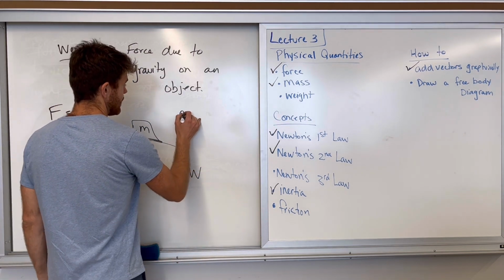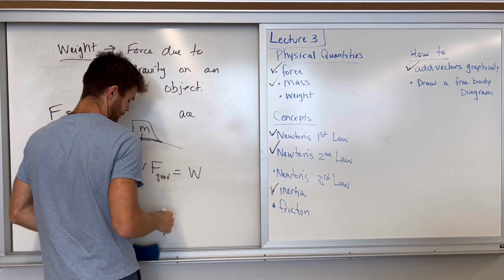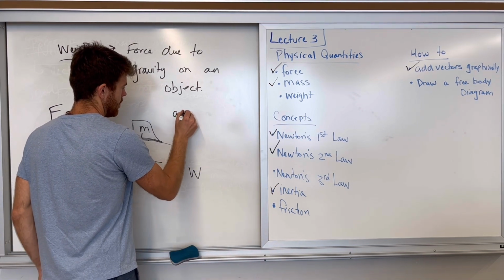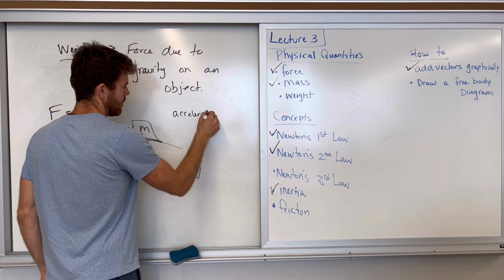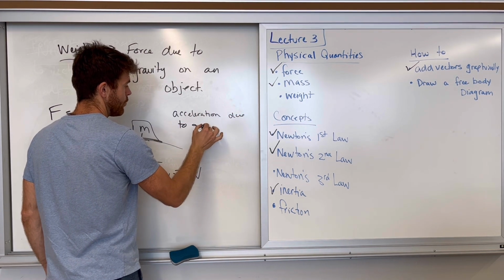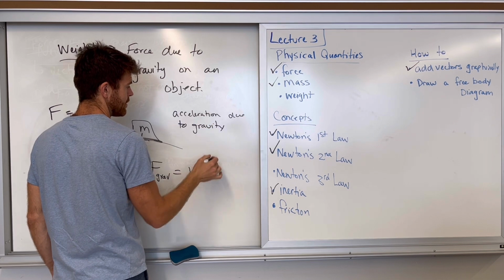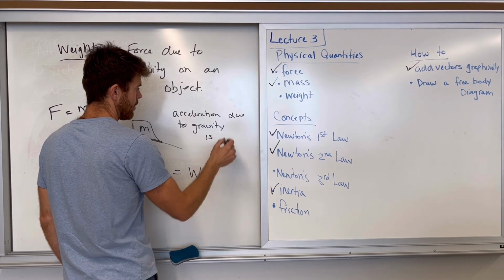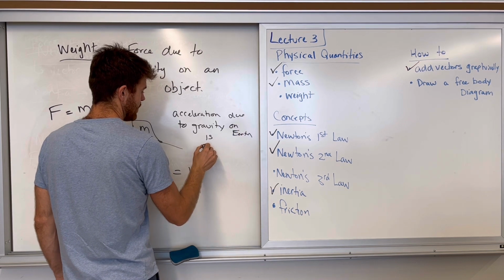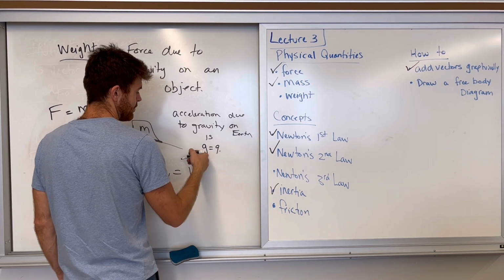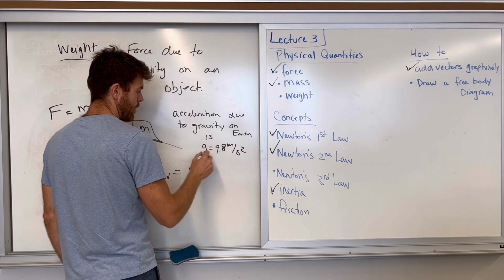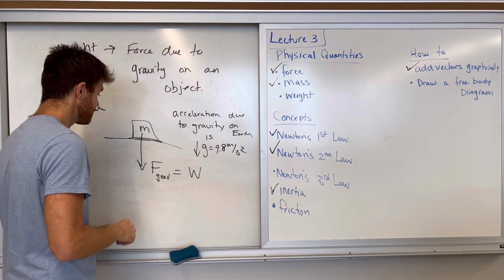And the acceleration due to gravity, which we introduced in our last lecture, on Earth is g, which is 9.8 meters per second squared, and always points downward.